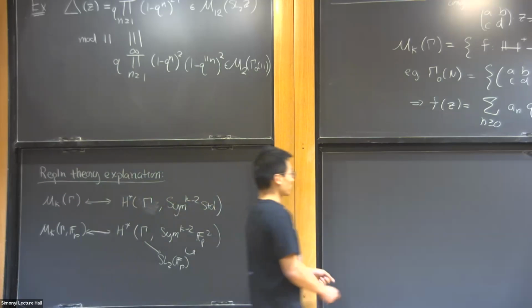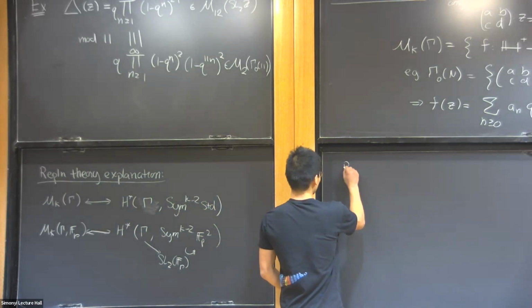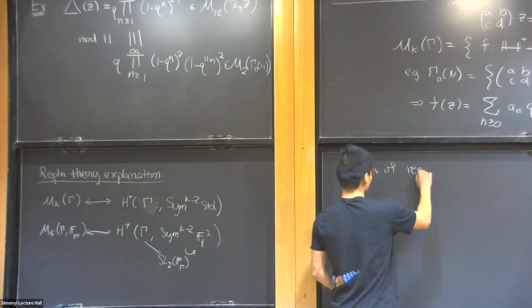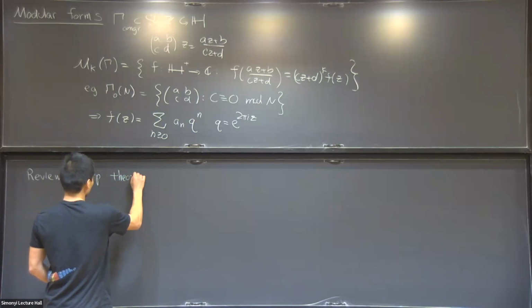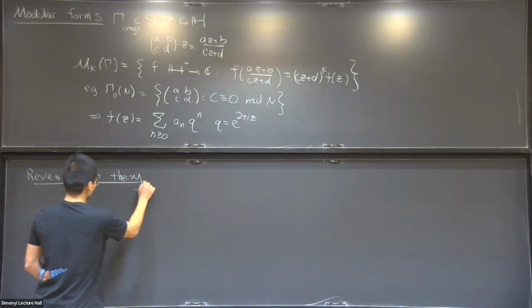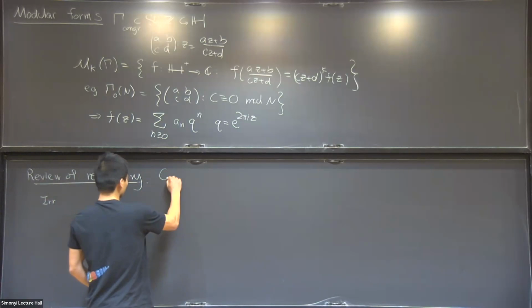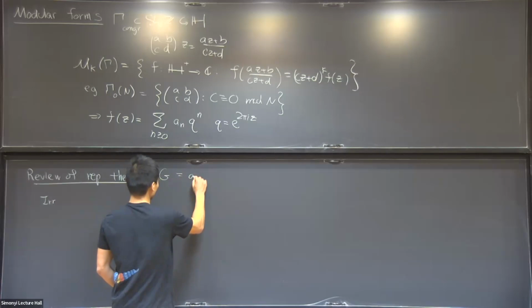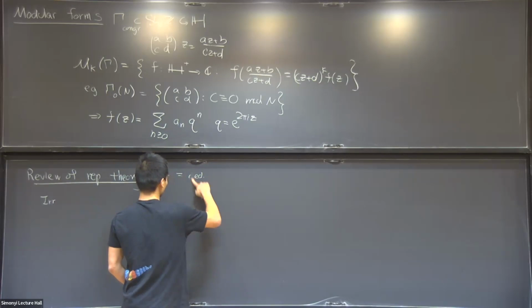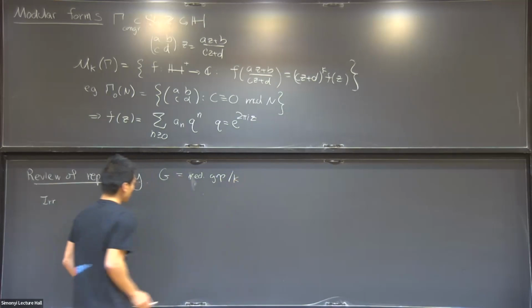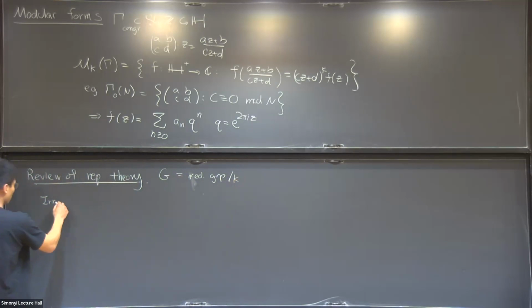Okay. So in other words, let's have a sort of review of representation theory. So the irreducible representations, so actually let's make this discussion more general, when G is a reductive group over a field K. And I'm interested in the case where K is characteristic 0 or characteristic p.